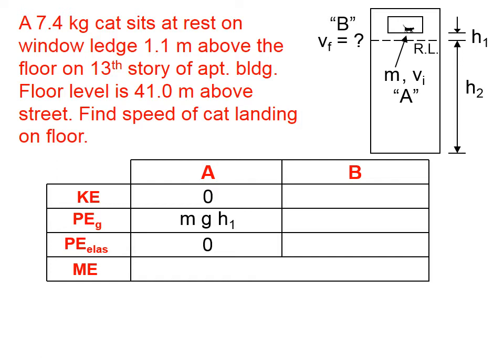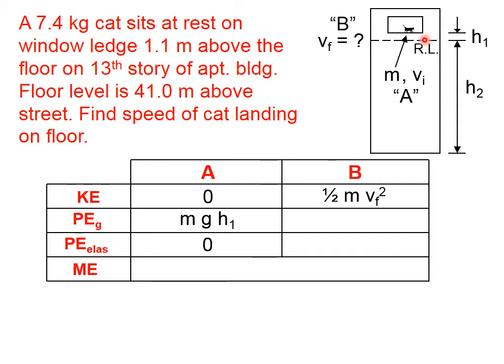Now the cat jumps off the window ledge and is just about to hit the 13th floor, falling down 1.1 meters. He will have kinetic energy. That will be 1/2 times m times his final speed squared.